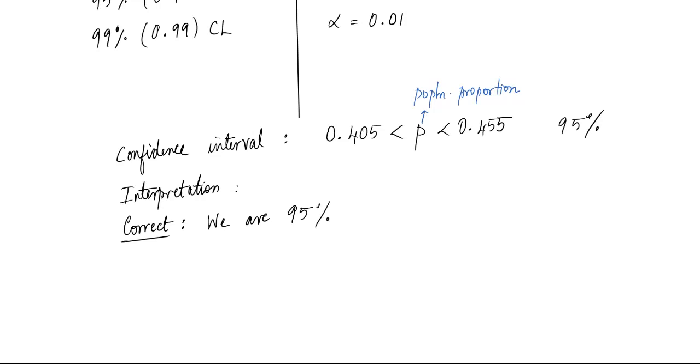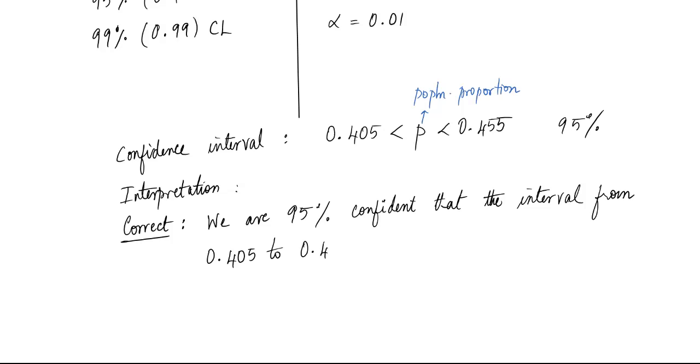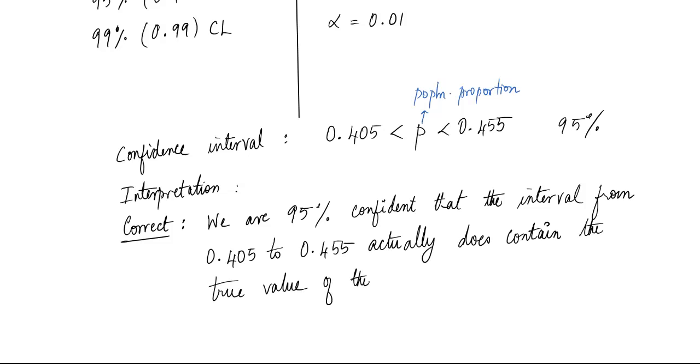We are 95% confident that the interval from 0.405 to 0.455 actually does contain the true value of the population proportion P. See the language.